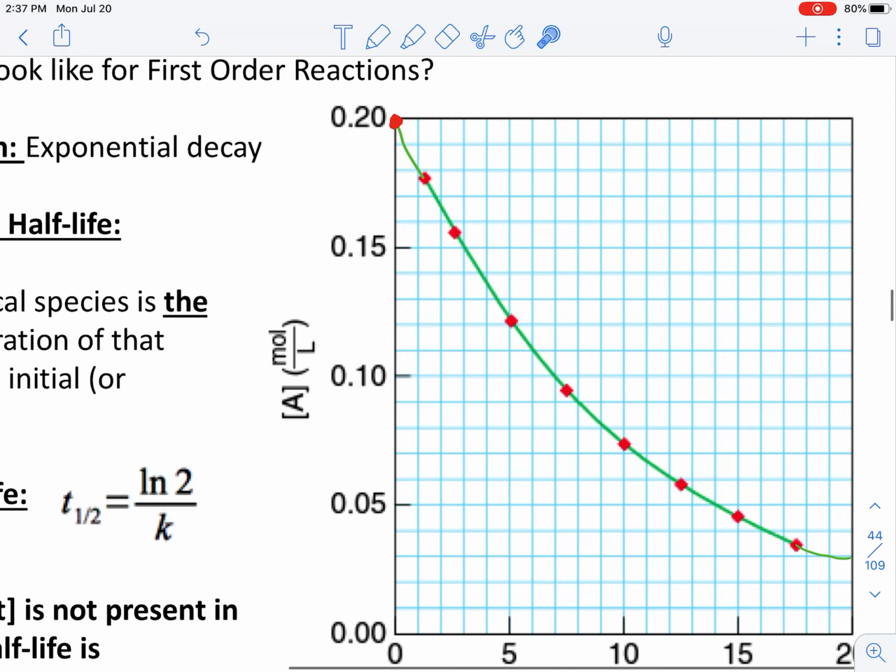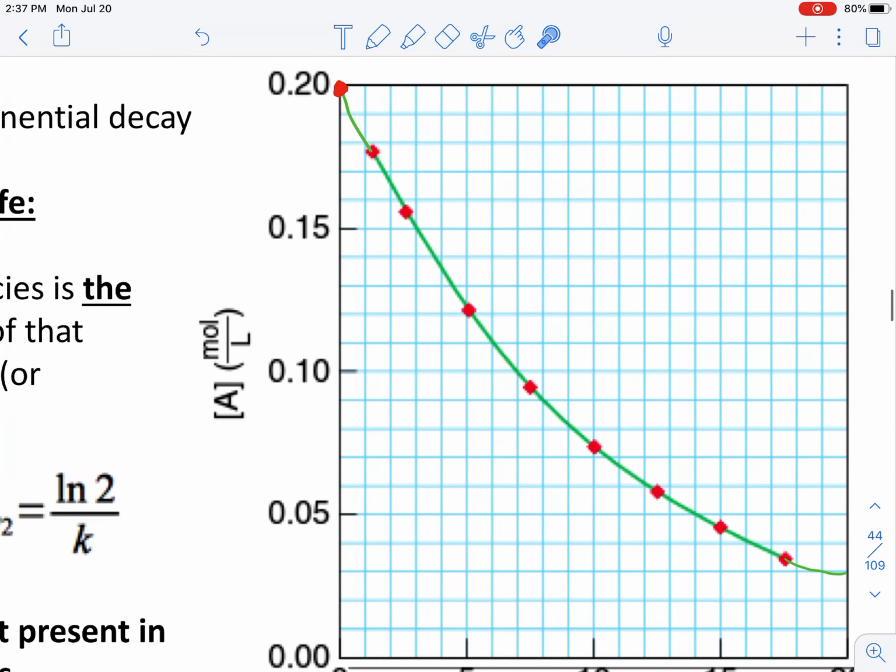When you're looking at the first half-life, you're going from 100% of the reactant to 50% of the reactant. You want to know how long it takes to go from 100% to 50%, or in this case, 0.20 and 0.10.